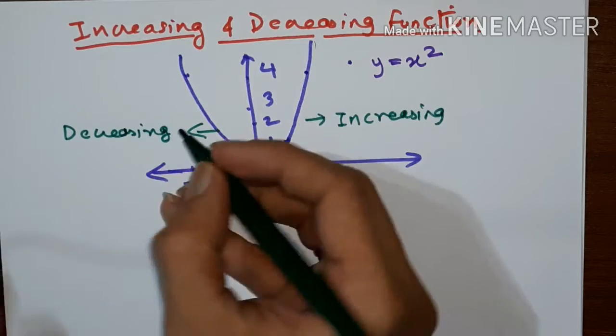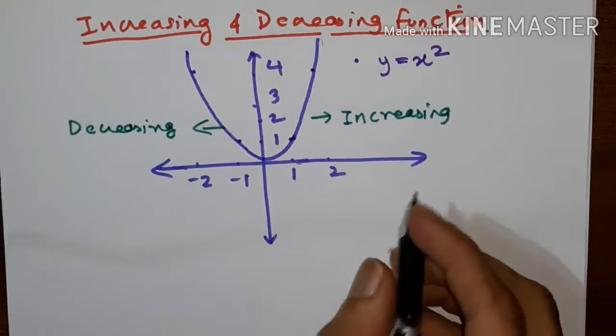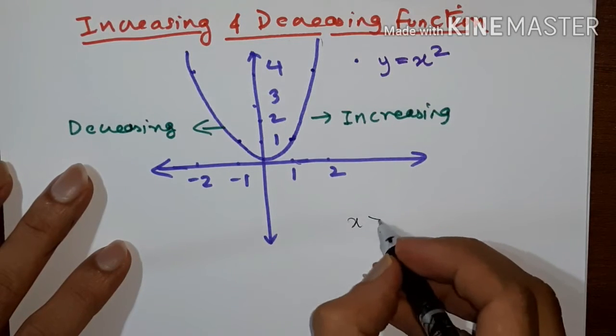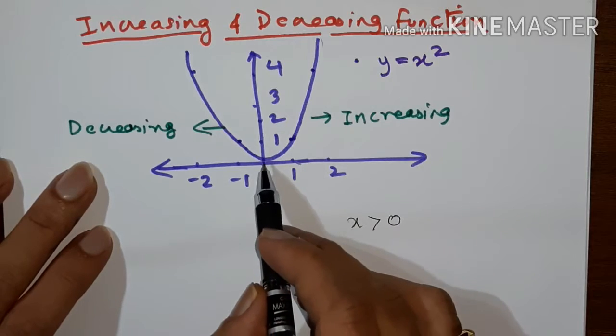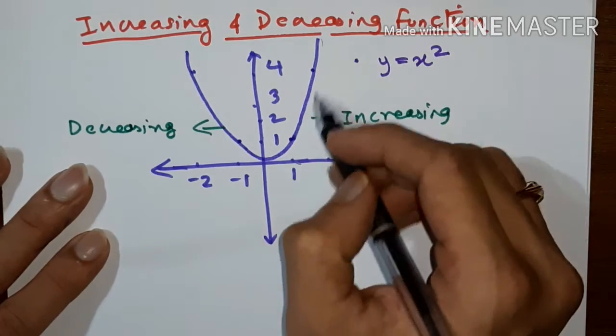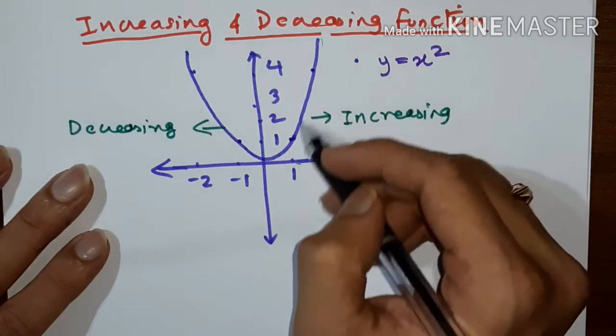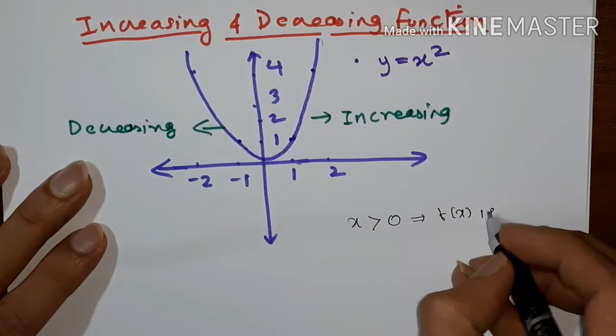So what happens here: when x is greater than 0, for all the real numbers on the right hand side of 0, the graph is increasing, you can see that. So the function f(x) is increasing.